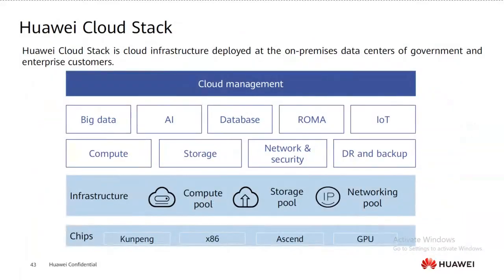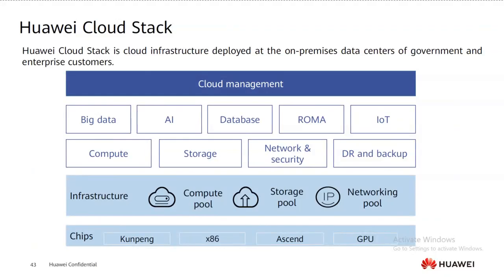On Huawei also they have a cloud management model, which is called cloud stack. There they provide big data, AI, database, Roma, IoT, compute, storage, network, security, just like what we mentioned in the previous slides.